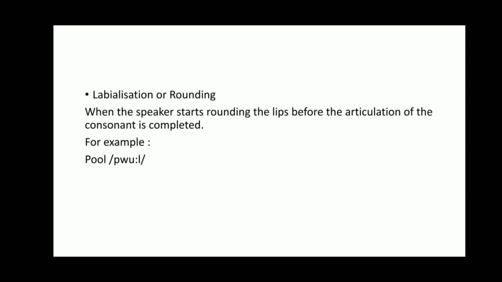The second is labialization or rounding. Labialization or rounding means when the speaker starts rounding the lips before the articulation of the consonant is completed. For example, pull. The word pull is pronounced pwull, as if we produce the sound w because we round our lips.